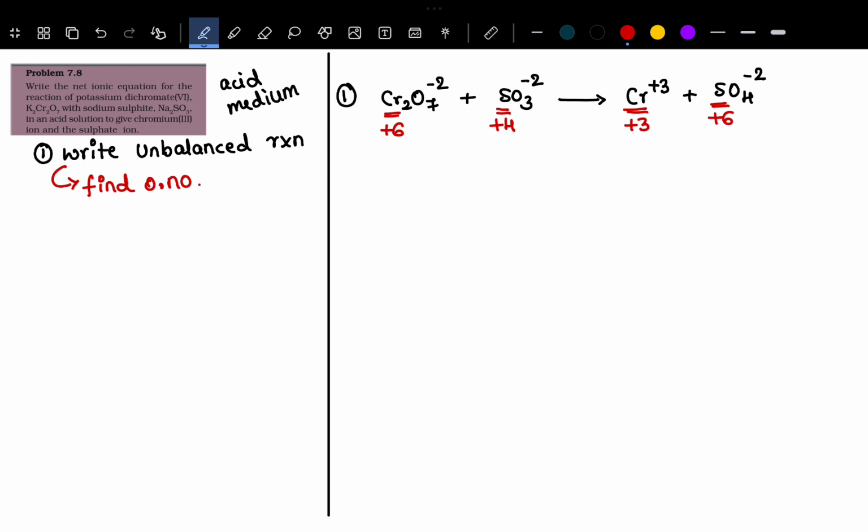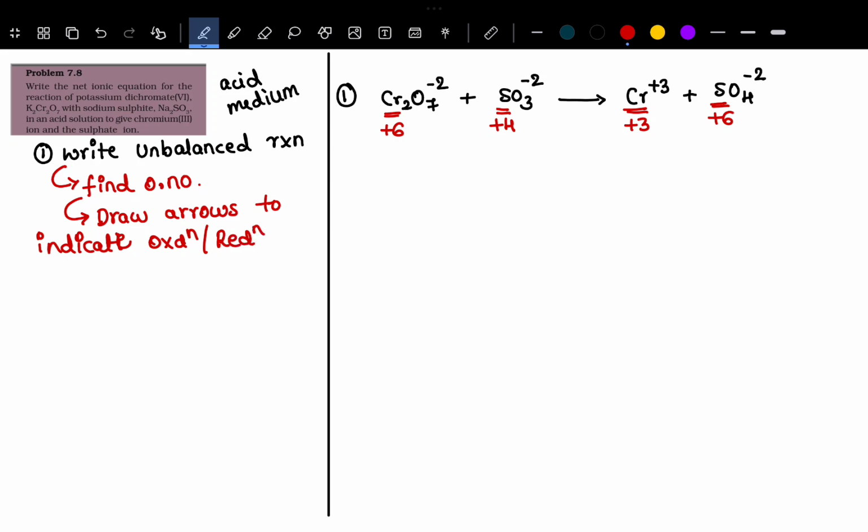Once you have identified the oxidation numbers, next you have to identify oxidation and reduction. So in the next stage, you have to draw arrows to indicate oxidation and reduction.